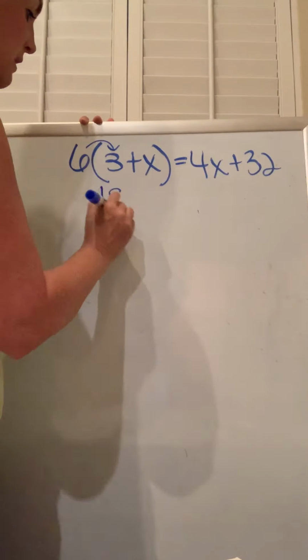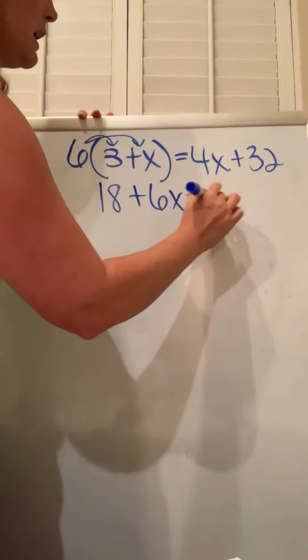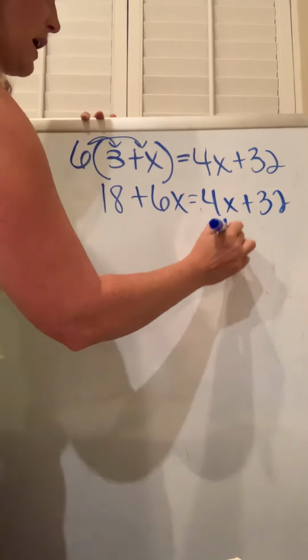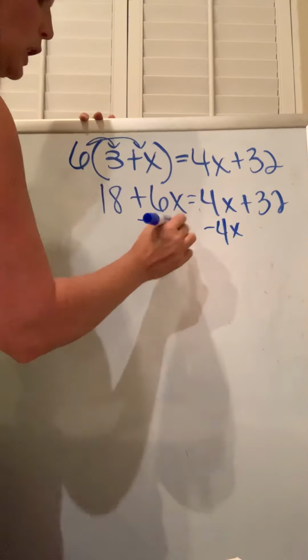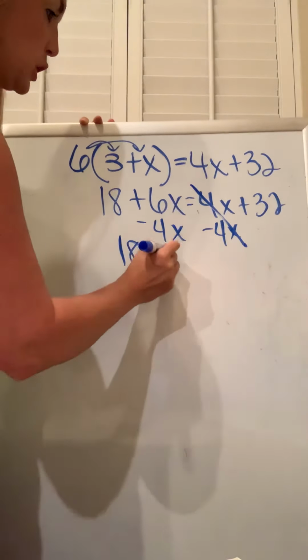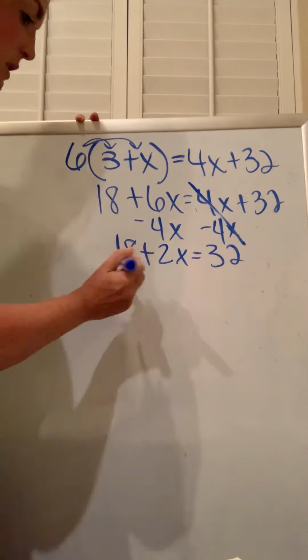So 18, 6 times x is 6x, equals 4x plus 32. Subtract 4x, because it is the lower coefficient. I get 18 plus 2x equals 32. It's a two-step equation.